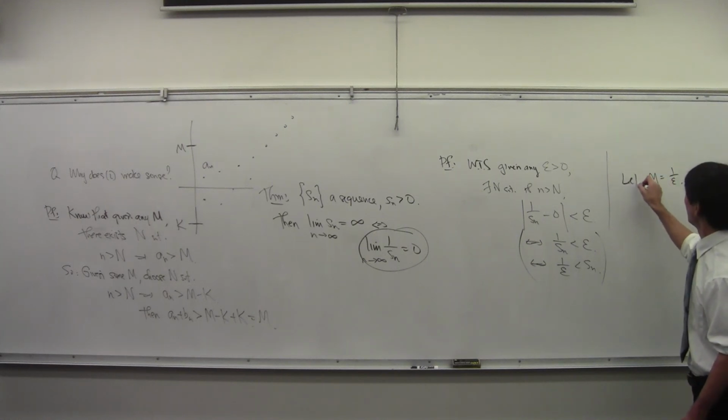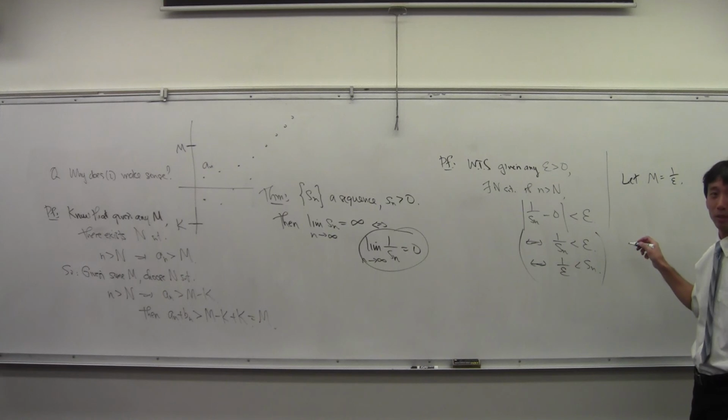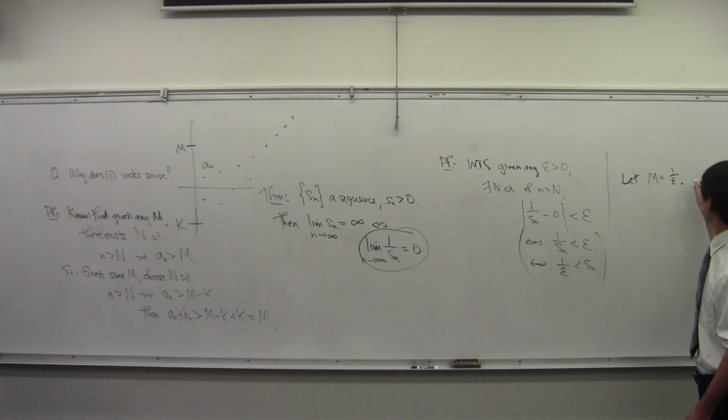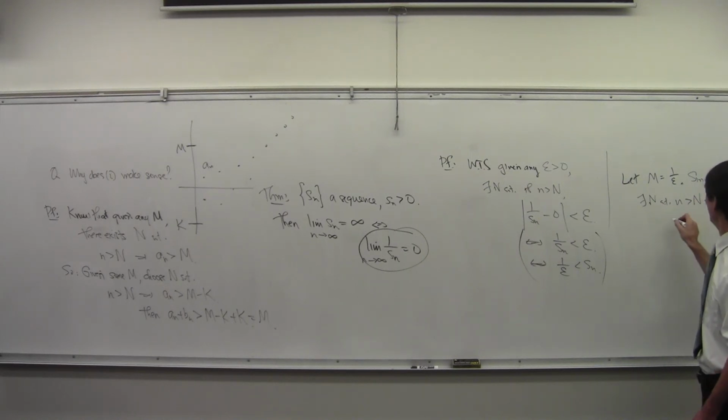So let M be 1 over epsilon. Since s of n goes to infinity, we know that there exists a time past which s of n exceeds M, which is 1 over epsilon.